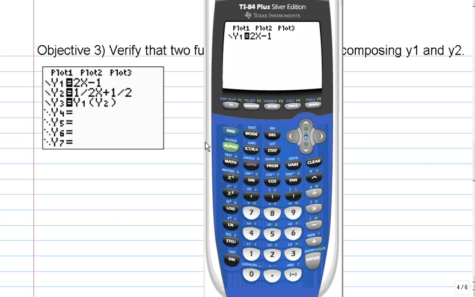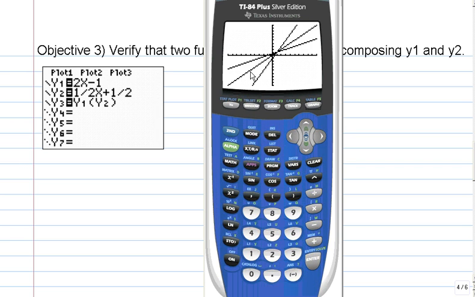And I could also do the composition in the other direction by going to vars, Y-VARS, Function, y2 this time of y1, and then graph. And I still see that I get this graph, which is y equals x. So that tells me that the two functions composed together give me x, which is the proof that they are inverses.